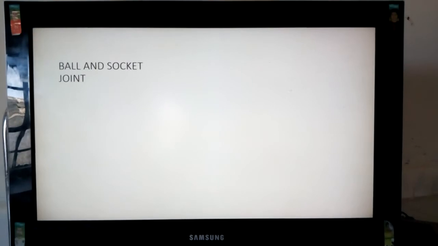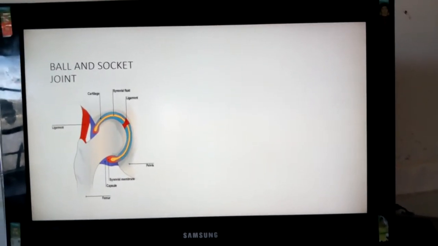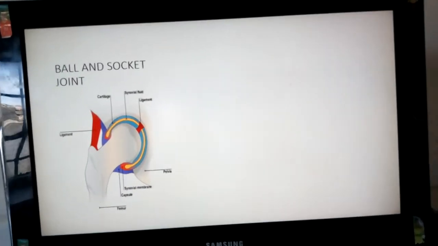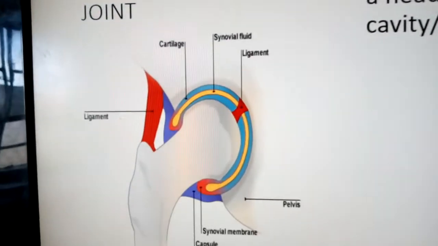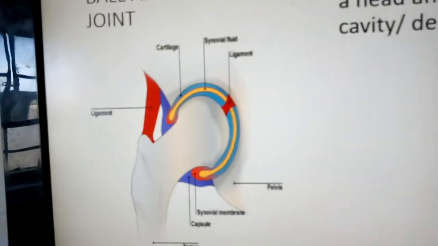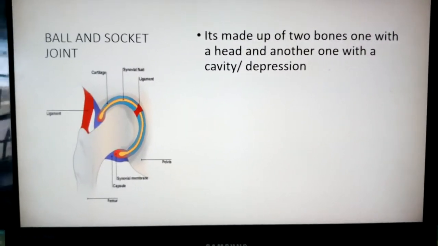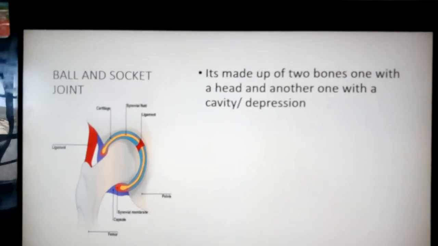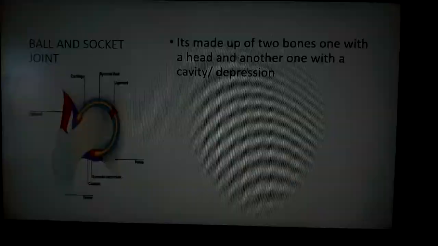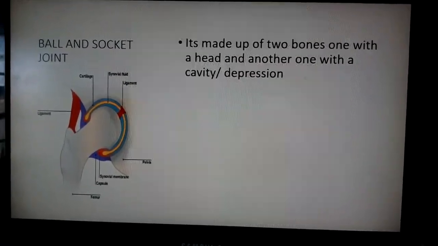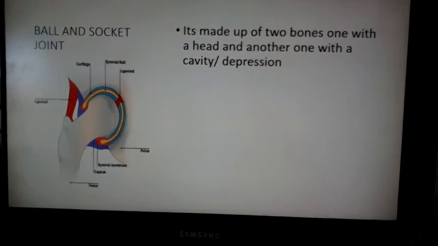Let us look at an example of a ball and socket joint. The ball and socket joint comprises a bone which has a head, and another one which has a cavity into which it will fit. For example, if this was the bone of the pelvic girdle, then this is the hip bone, and the bone that we call the femur.